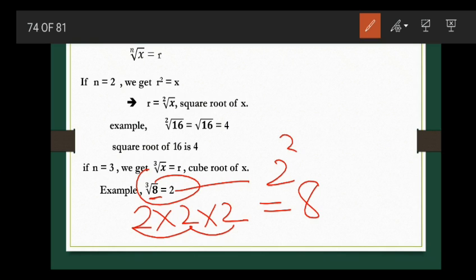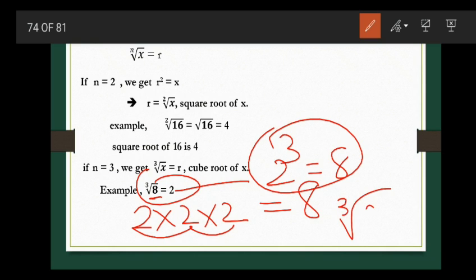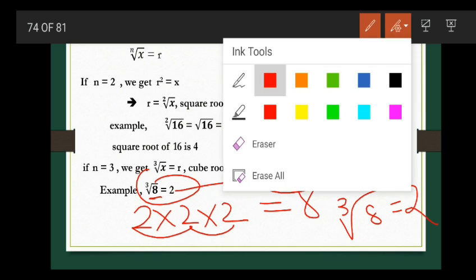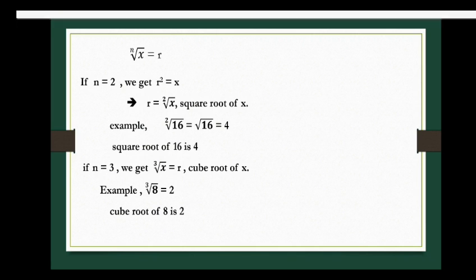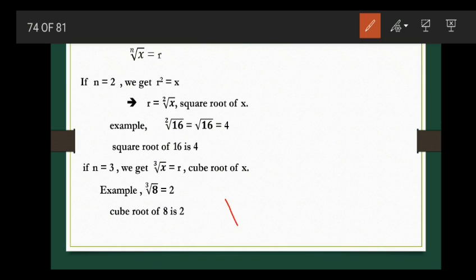This is nothing but 2 cube is equal to 8. This can be written as cube root of 8 is equal to 2. So the notation using this radical symbol, we are calling it as radical notation.